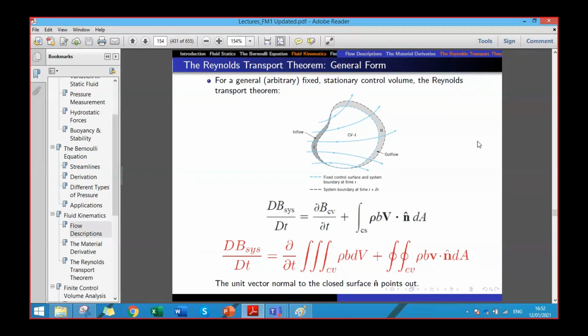So that includes the unsteady effects. The first term expresses the unsteady effects, the sources and sinks within the control volume. Or if I place a heater inside the control volume, the temperature will rise with time, even if there is no inflow or outflow of hot fluid. Clear?